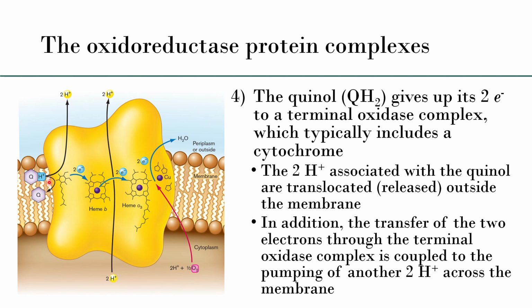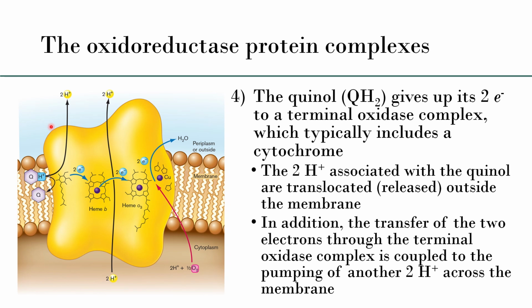And when that happens, the 2 hydrogens that it picked up from the cytoplasm get sent out into the periplasm or external environment. So it's feeding more of those hydrogen ions to the side where we're going to keep them dammed up. So we're creating more and more of a concentration gradient.